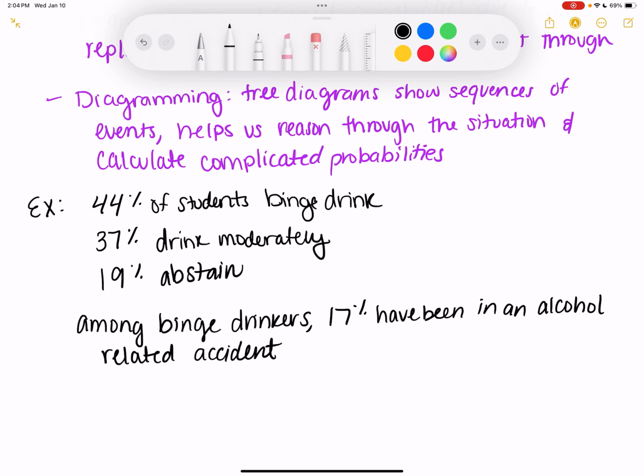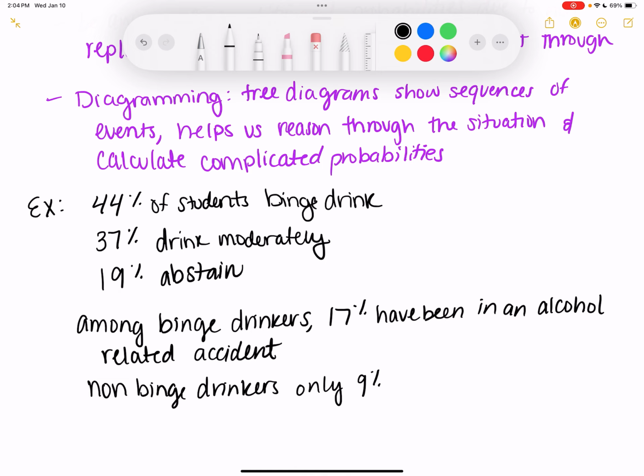But among non-binge drinkers, only 9% have been in an alcohol-related accident.